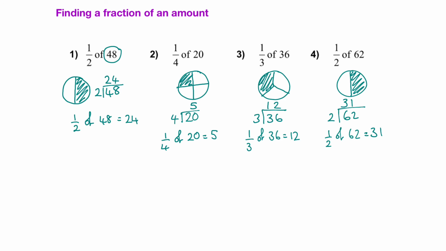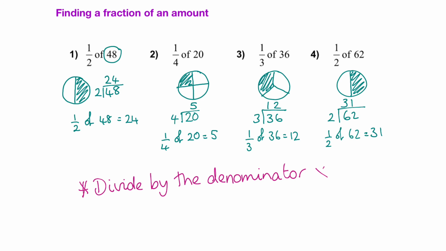Okay, so the thing that you've got to remember when we're doing this is that you divide by the denominator. Okay, so remember the denominator is the number on the bottom of the fraction.